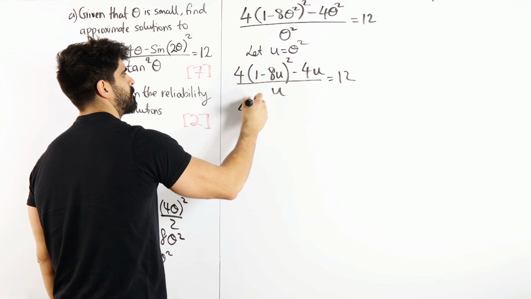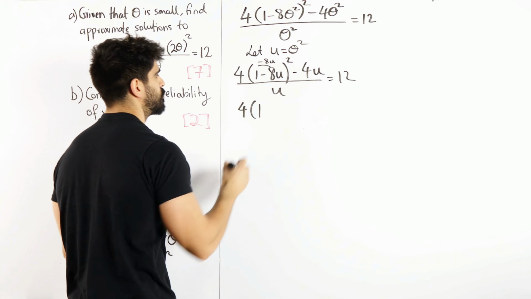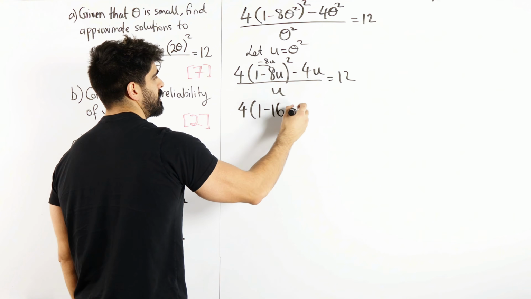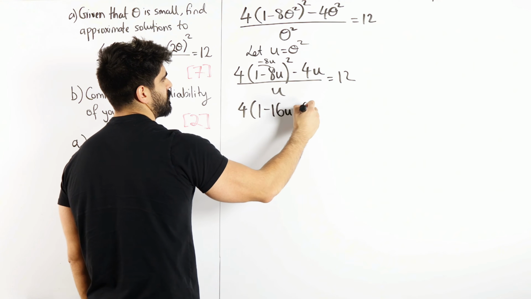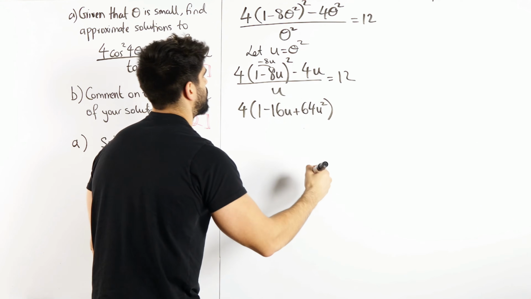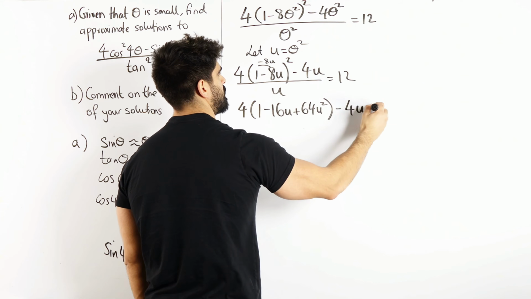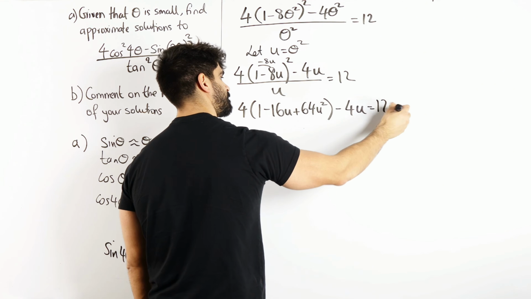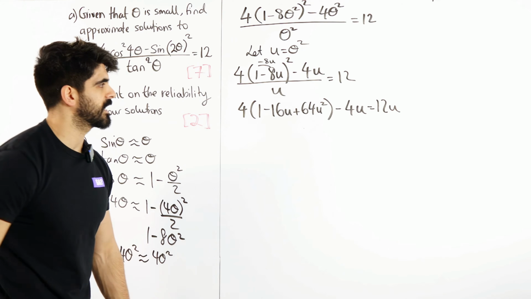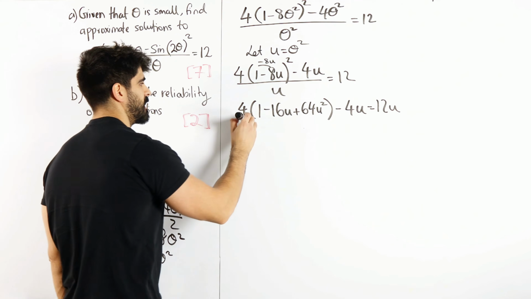Expanding this, 1 squared is 1. Multiply these together is minus 8u. Duplicate it, minus 16u. Plus, when you square that, you get 64u squared. Minus 4u is 12u. Is your next thought to expand the brackets? I wouldn't do that. I would divide everything by 4.